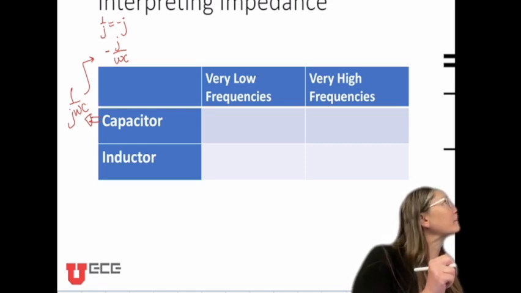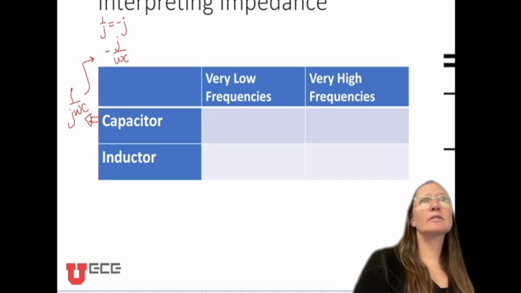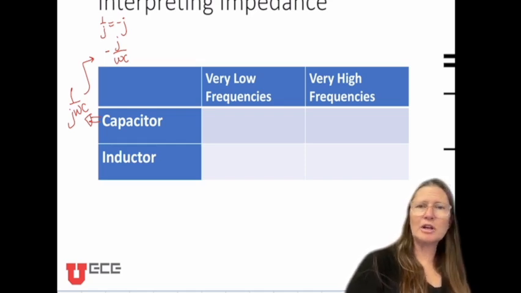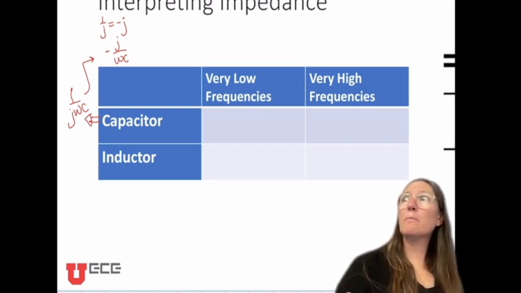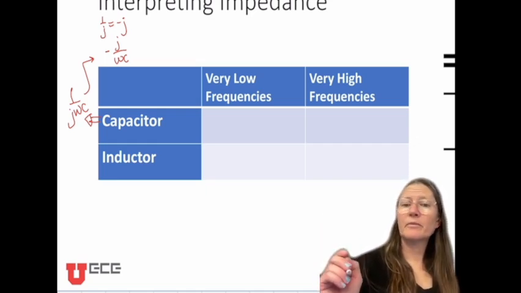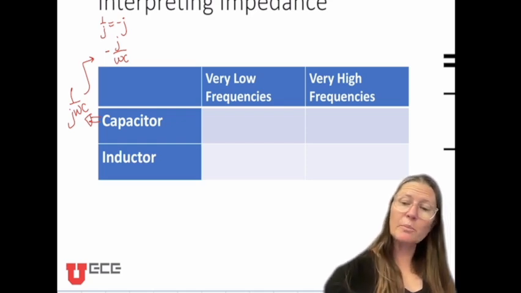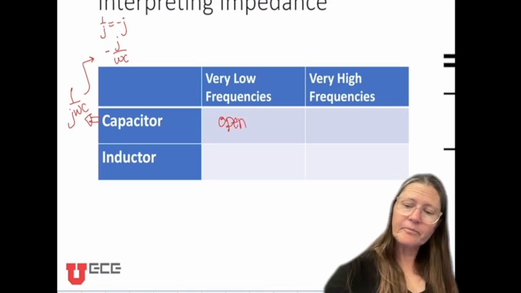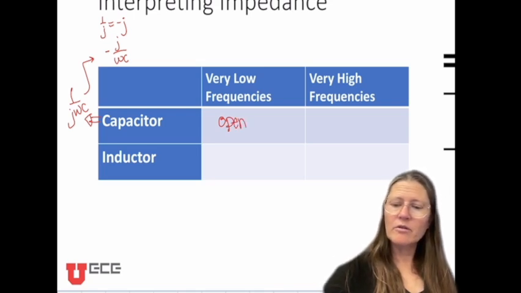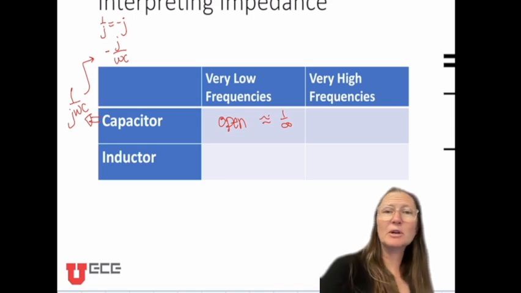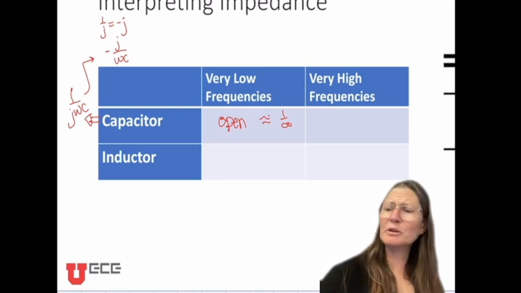Looking at this, if I have really low frequencies, what does a capacitor look like? The number will be really high, so it will look like an open, correct? It's 1 over 0, as the limit goes to infinity.